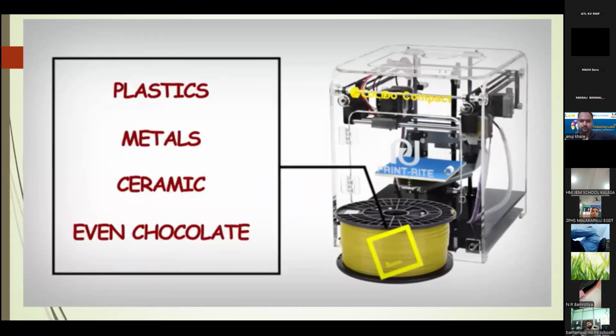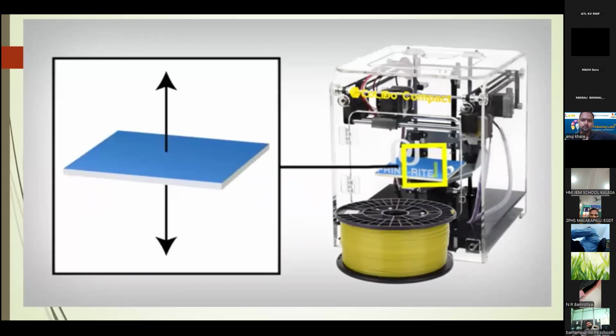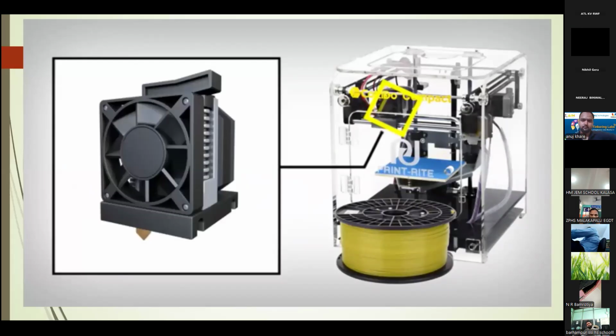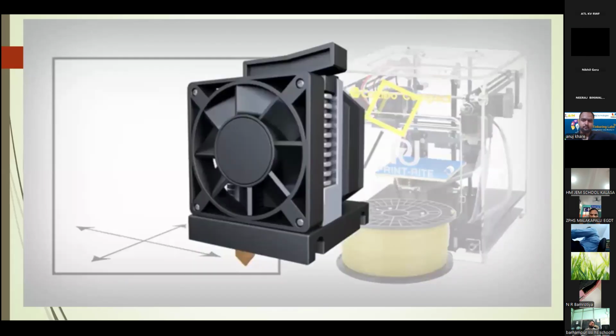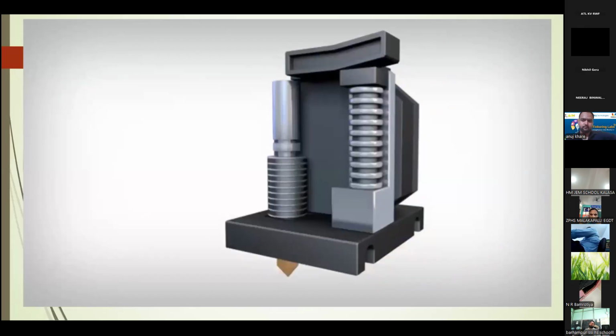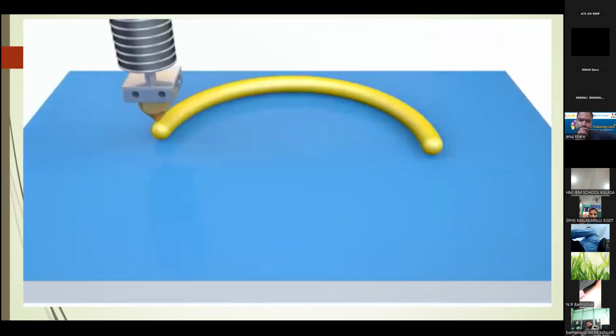Our printer has two main moving parts: the print plate that moves up and down, and the print head that can move in any direction. The print head has a heating element, and when filament is fed into it, it heats it up so it melts. The print head then draws the outline of the first slice with the melted filament and fills it in.